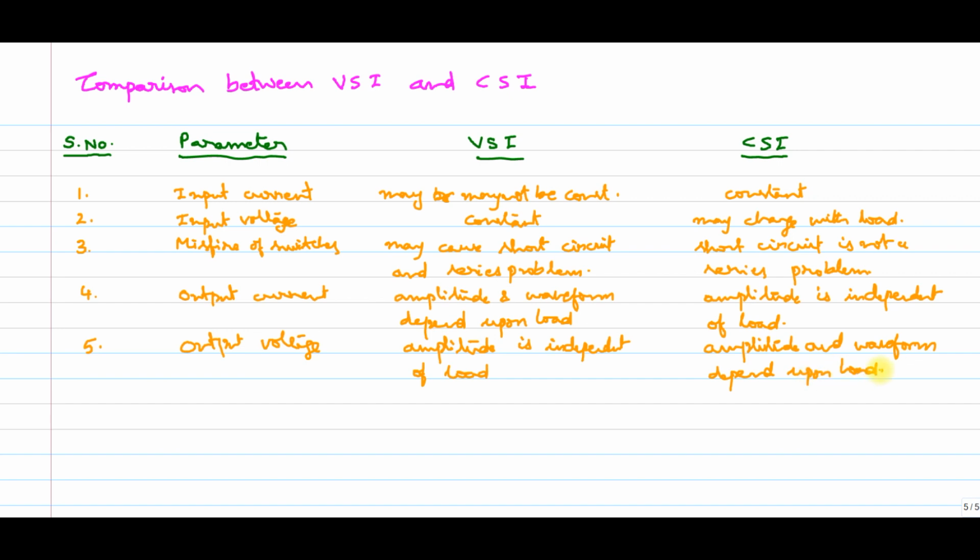Next, what will happen to peak current? It depends upon the circuit and may not be limited in the worst cases. In a voltage source inverter, the current is not at all limited, so sometimes it may be worst.